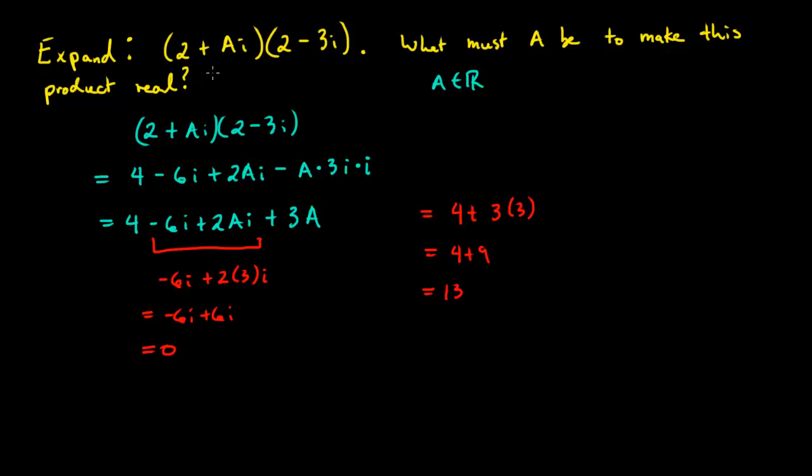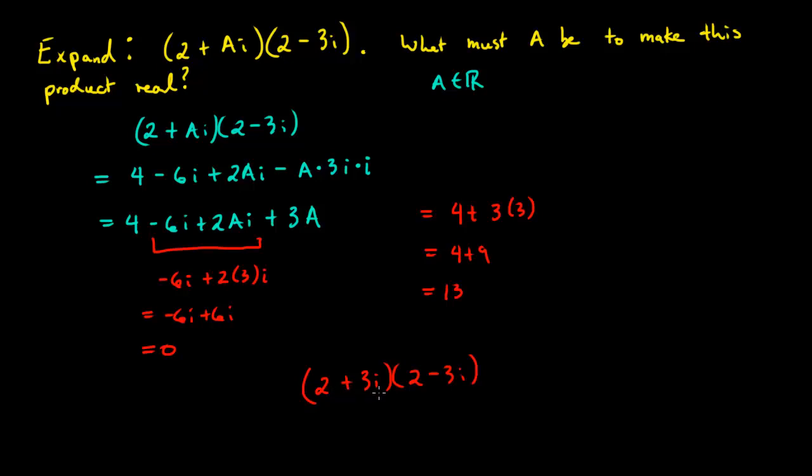Notice that if I input 3 for a, this product would be 2 plus 3i times 2 minus 3i. And these are actually conjugates. And the product of conjugates always results in a difference of squares.